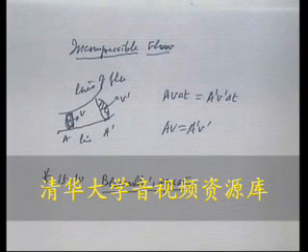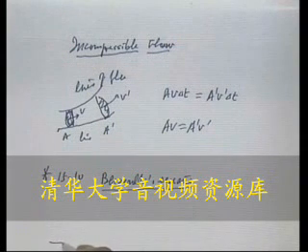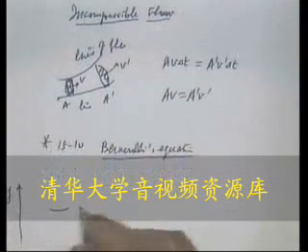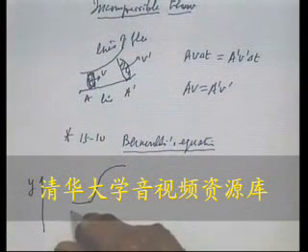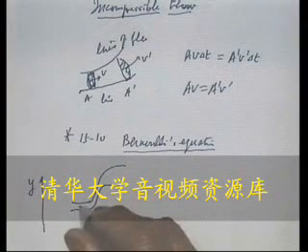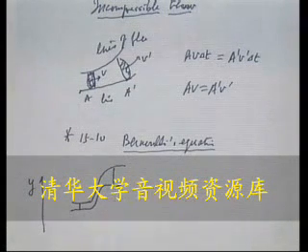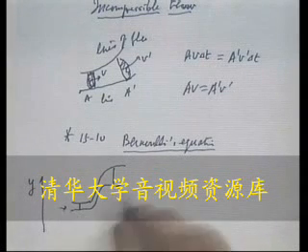And Bernoulli's equation is something like this. Suppose you have, this is the y-axis, vertical, upwards. Suppose you have a tube which goes this way. Let us consider a flow which goes this way.